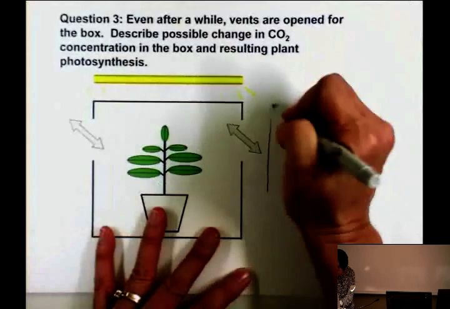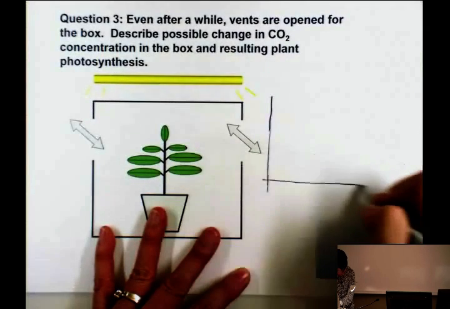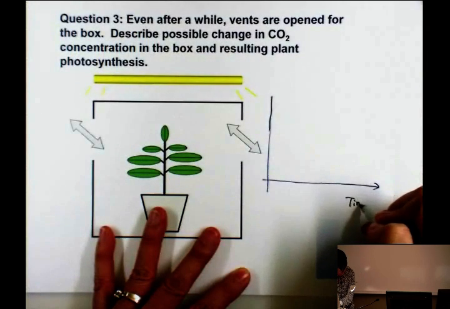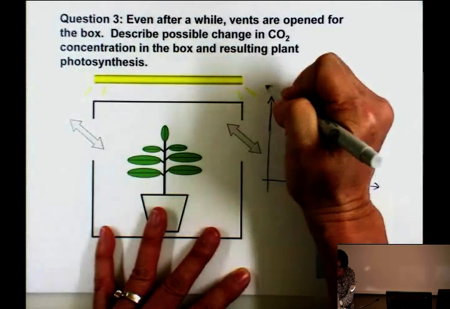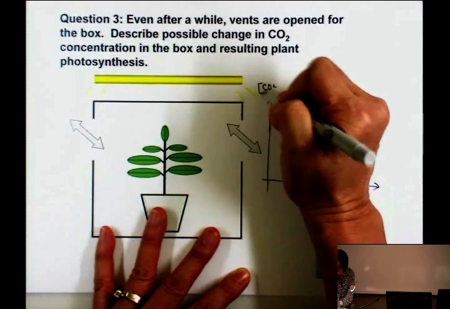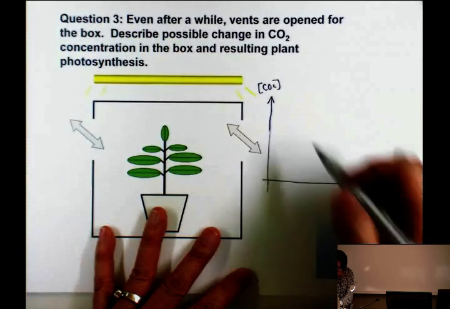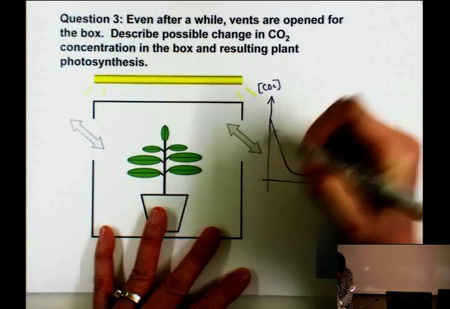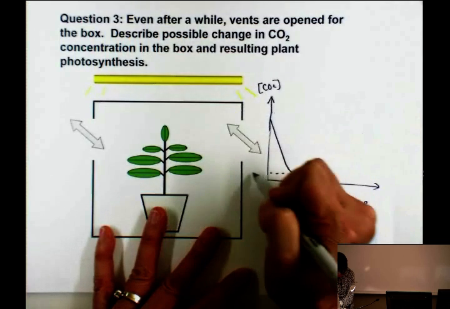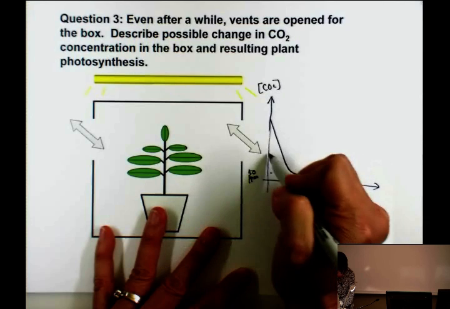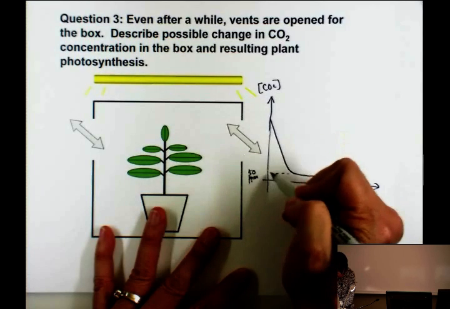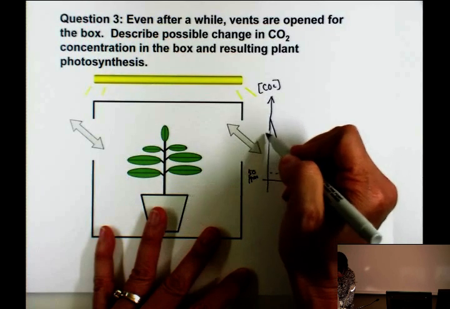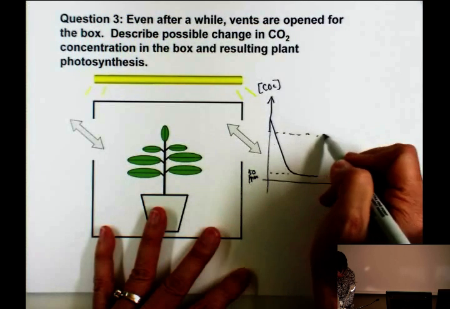Now, okay, again, time. That's CO2 concentration. And let's see. So it started going down. This is 50, let's say 50 parts per million in this case. And this is the outside level.